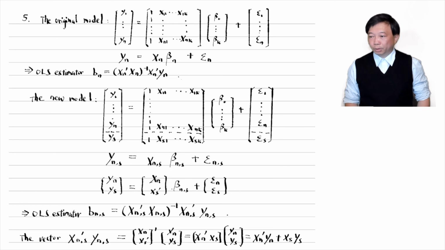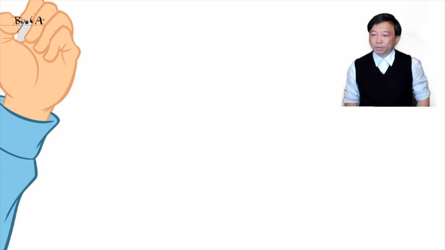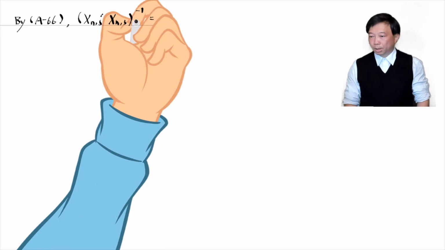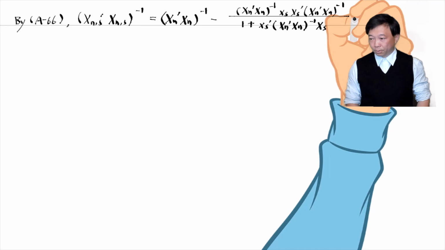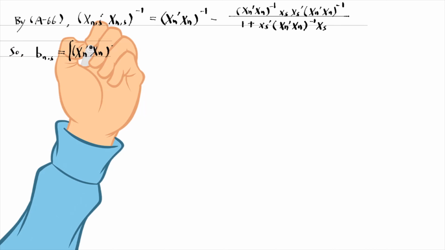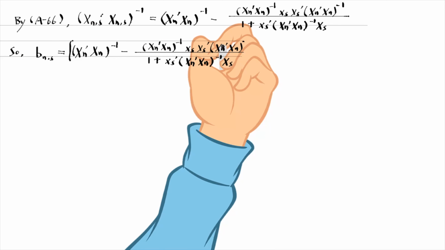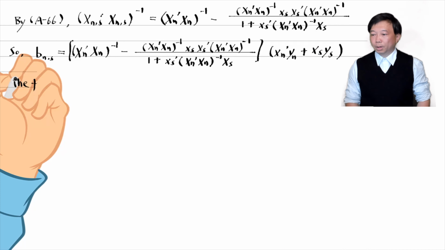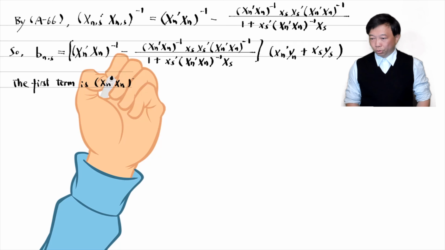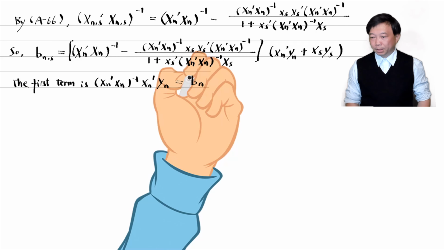For the part of the inverse of Xns prime times Xns, we resort to the formula A66 in the appendices of the textbook. The new OLS estimator has 4 terms. The first term is the original OLS estimator, Bn.